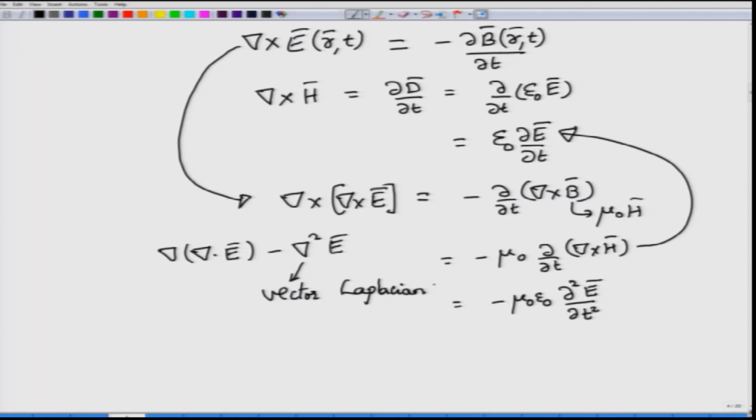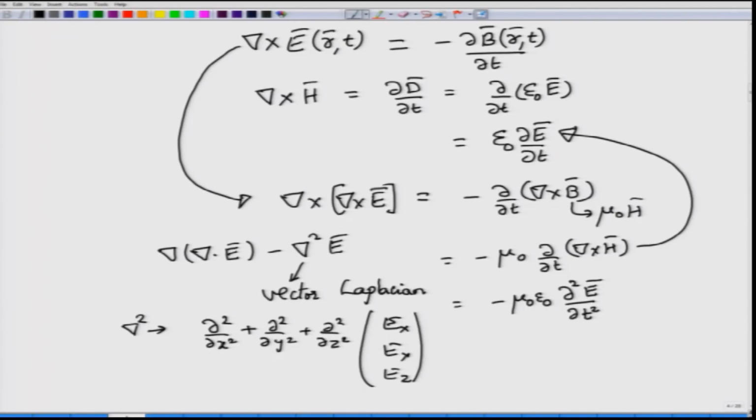In the Cartesian coordinate system that we have considered, this del square actually becomes del square by del x square plus del square by del y square plus del square by del z square, okay. And this del square by del x square, del square by del y square, del square by del z square has to operate independently on Ex, Ey and Ez.